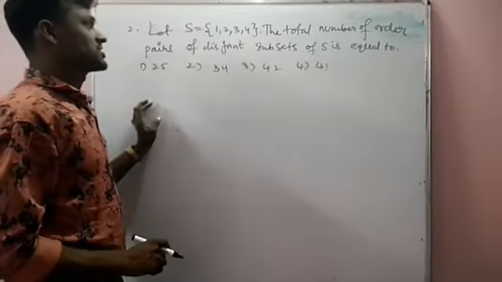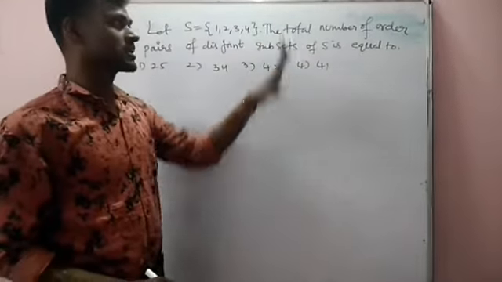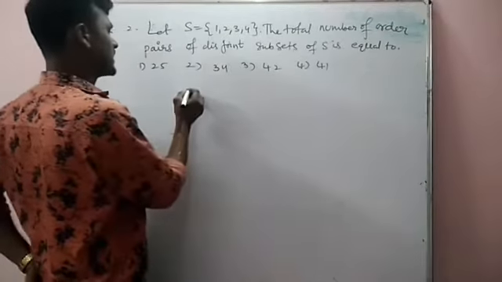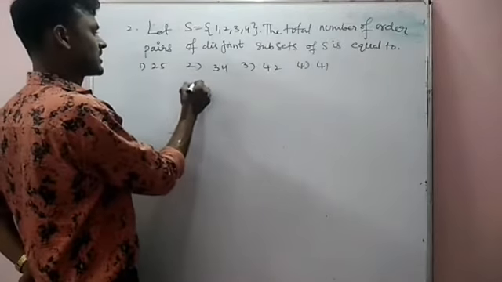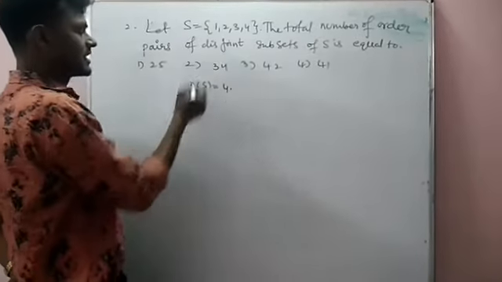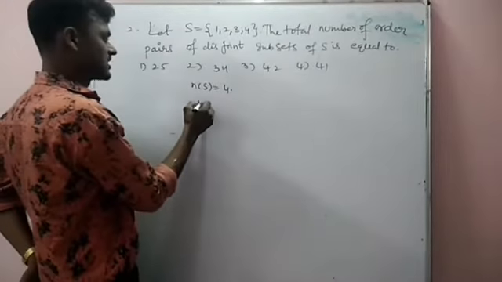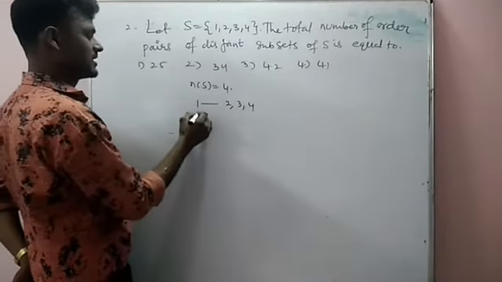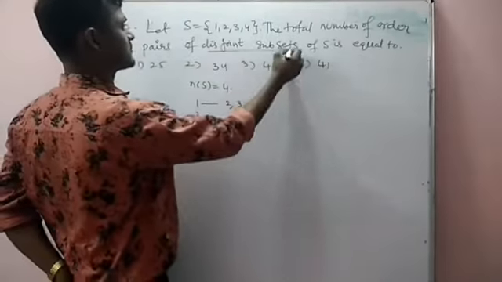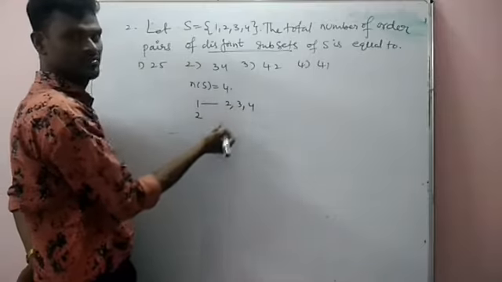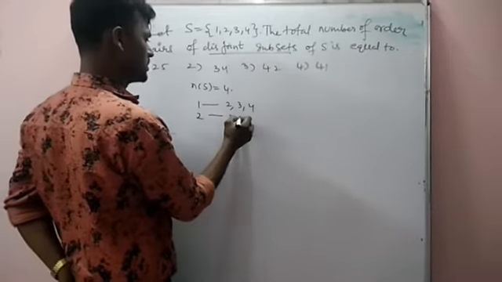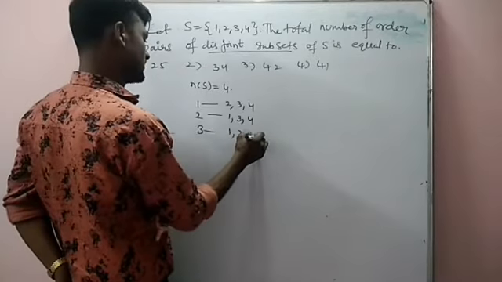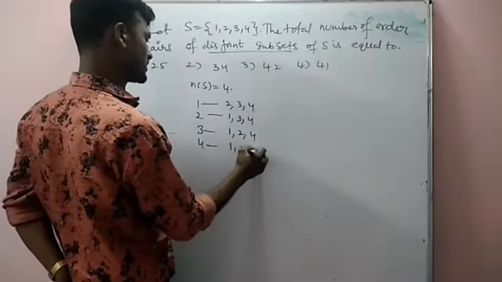Next question: let S be the set of 1, 2, 3, 4. The total number of ordered pairs of disjoint subsets of S is equal to what? Here the number of elements of S is 4. The disjoint subsets are 1 with 2, 1 with 3, 1 with 4, then 2 with 1, 2 with 3, 2 with 4, then 3 with 1, 3 with 2, 3 with 4, and 4 with 1, 4 with 2, 4 with 3.